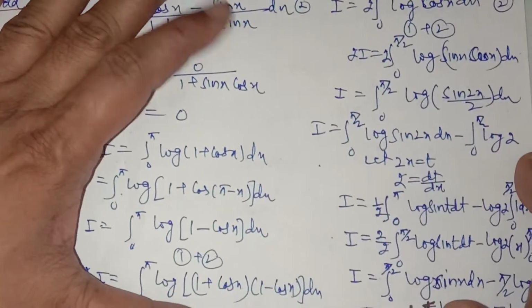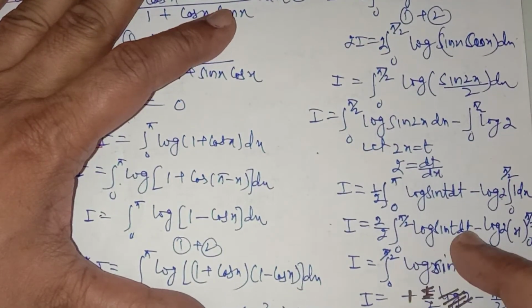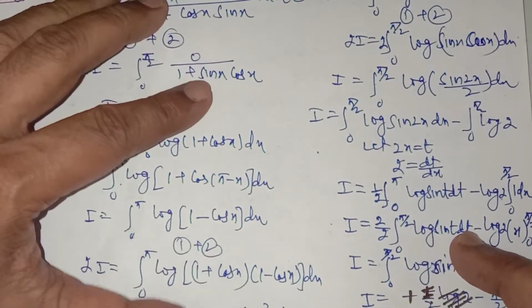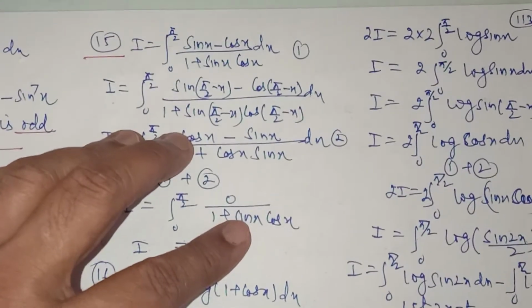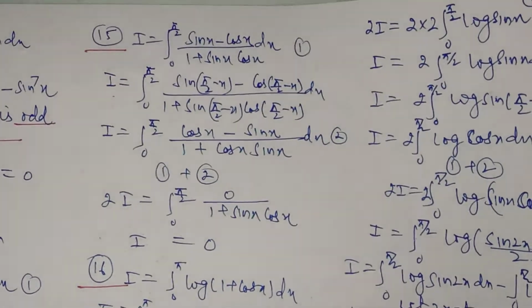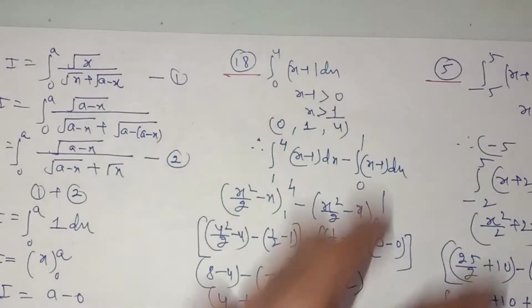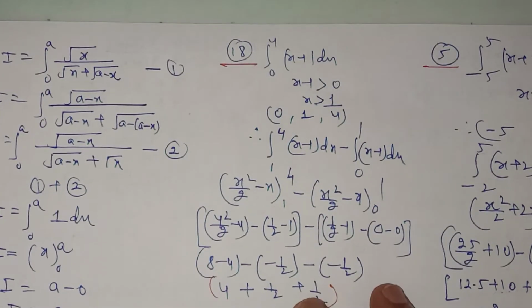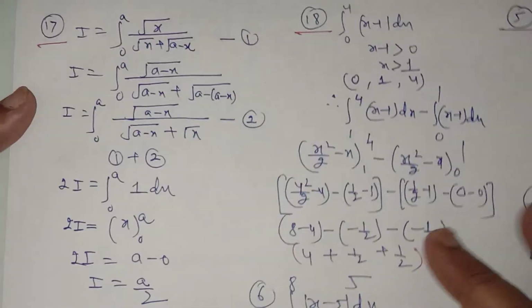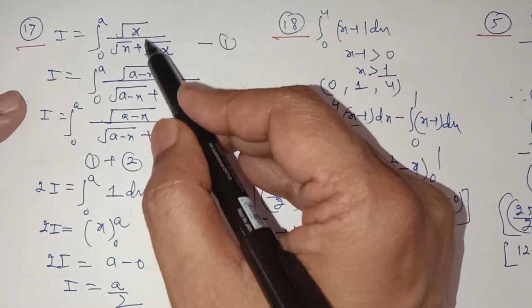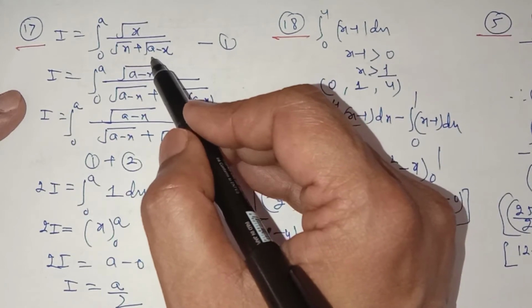So see it very carefully. Now in the remaining question of this exercise, question number 17, it is the integral from 0 to a of root x upon root x plus root a minus x.